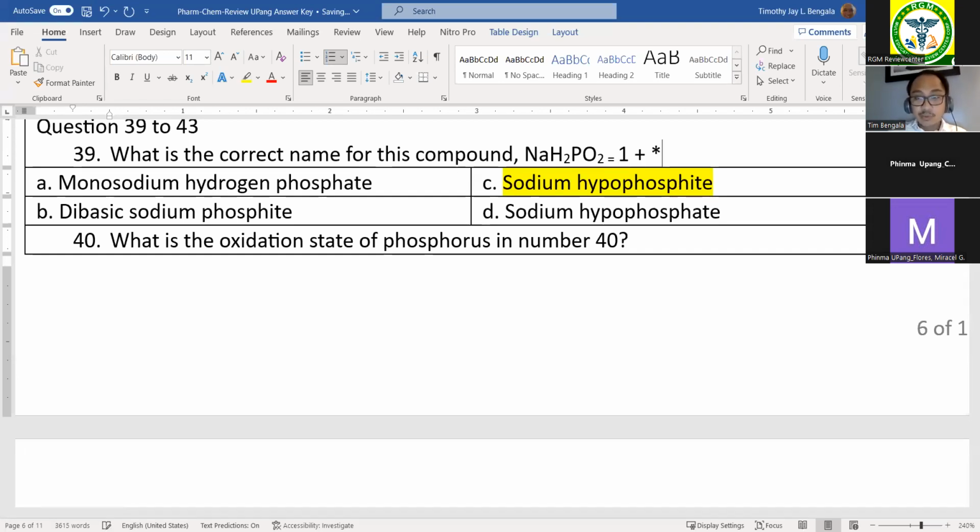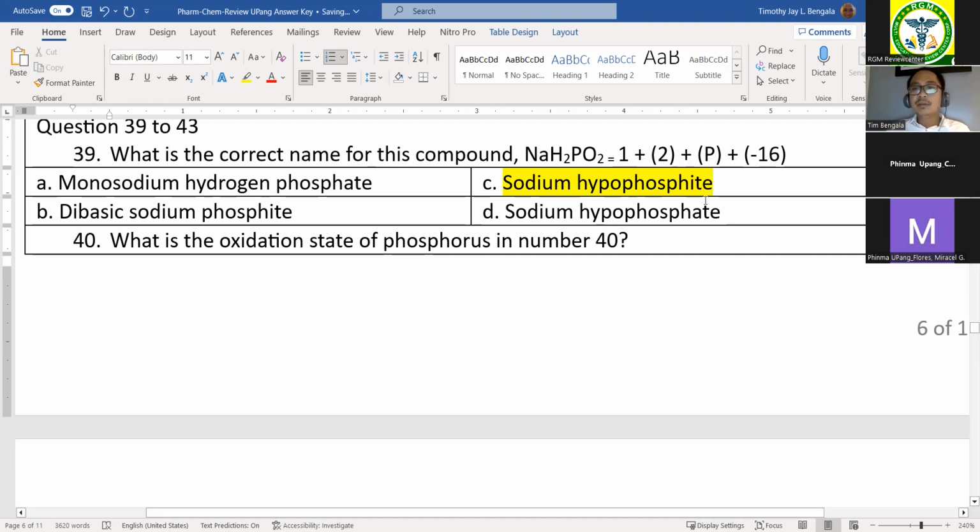Hydrogen would be plus 2, two hydrogens, plus the phosphorus, plus negative 4 for the two oxygens.